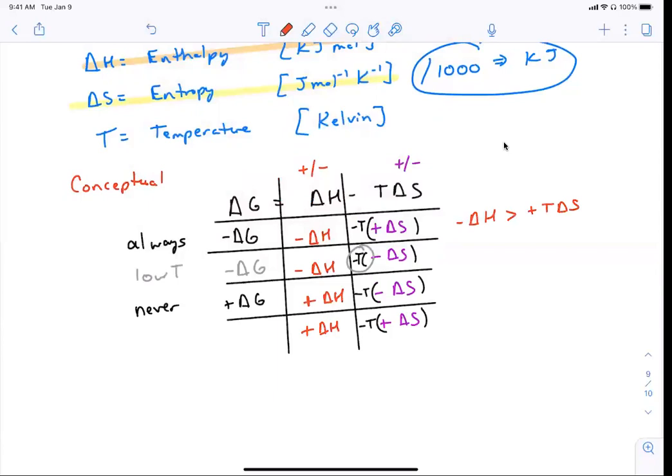Because you're adding the two terms together. Wait, what do you mean? Oh, yes, it could be either or. Correct. But it's spontaneous at low temperatures. Because we always ask whether it's spontaneous or not. Well, I'm saying at low temperatures, it's negative delta G. Oh, okay.